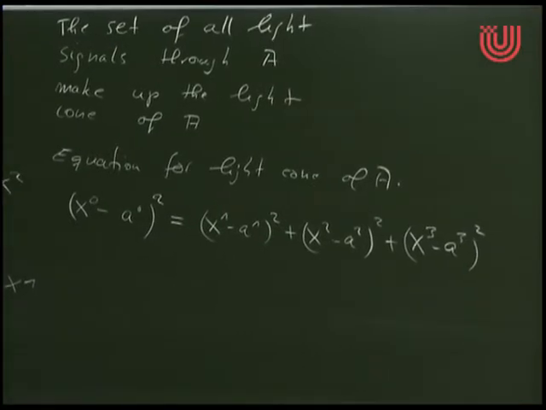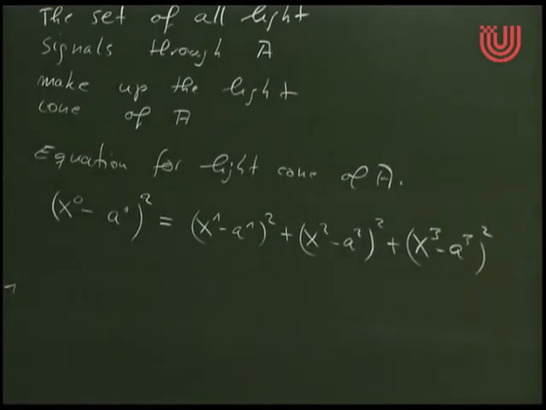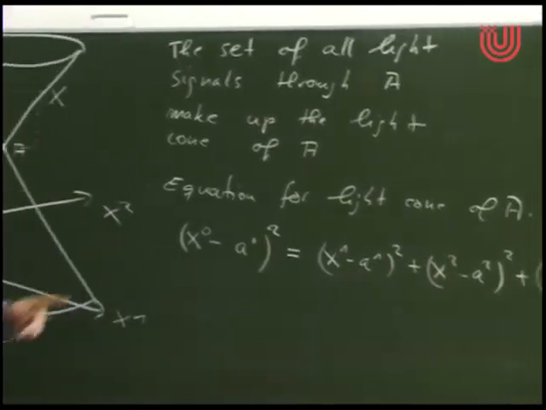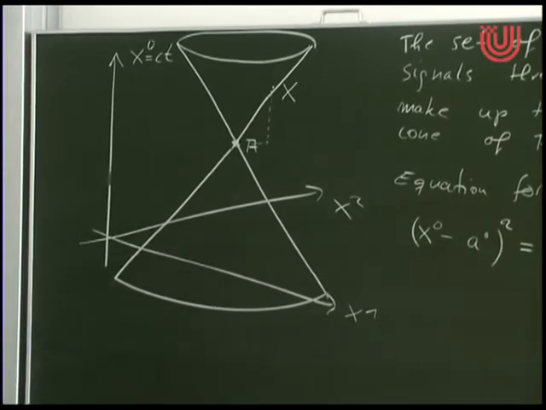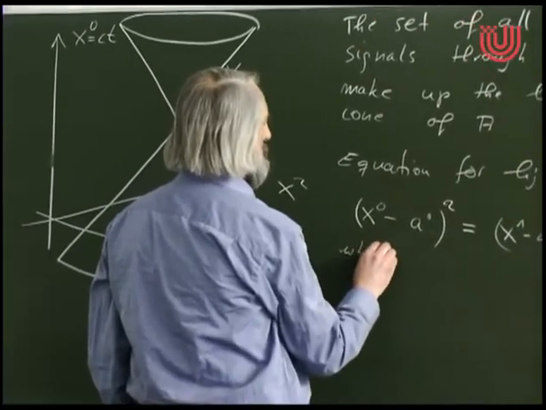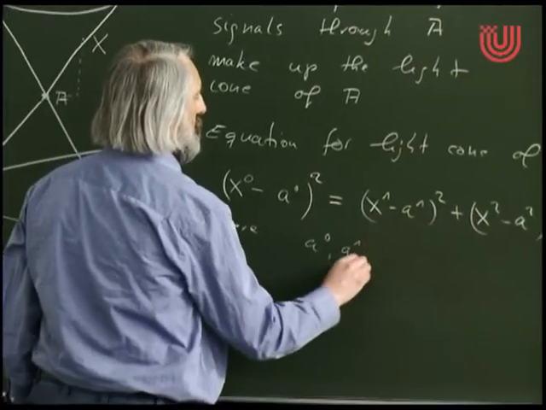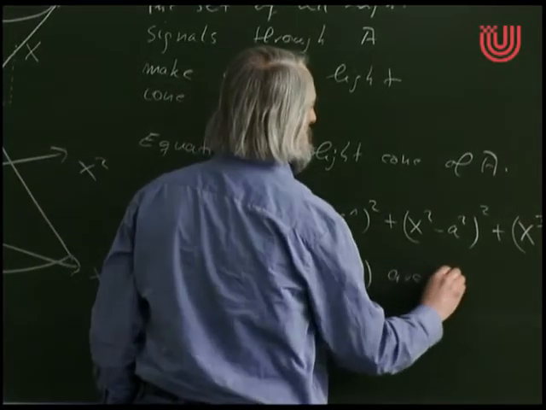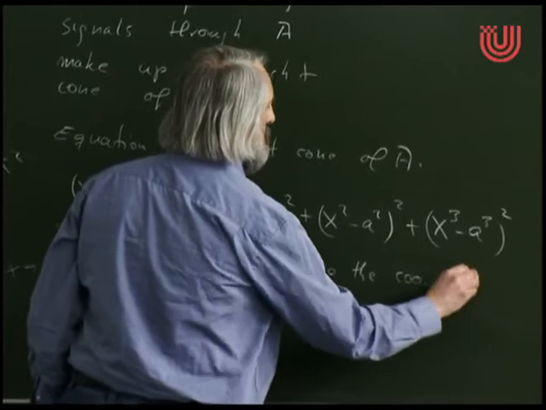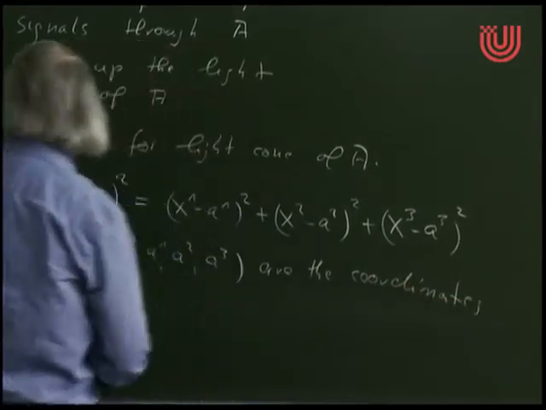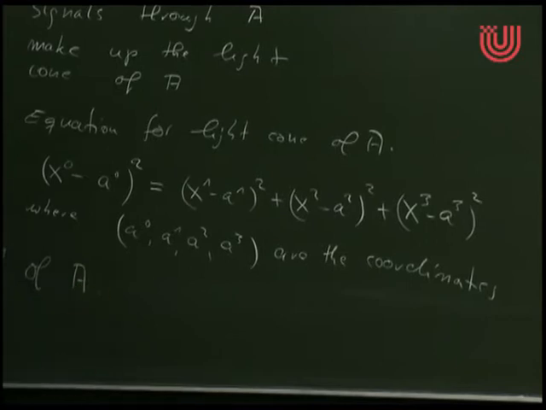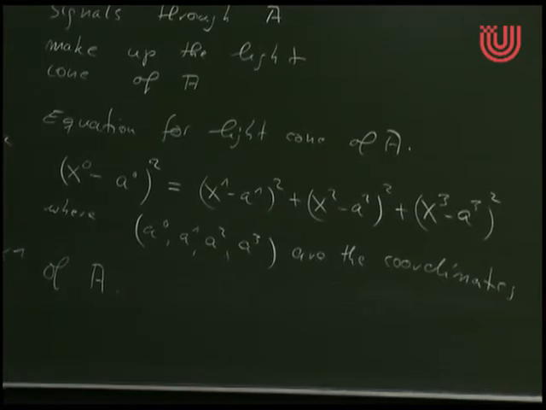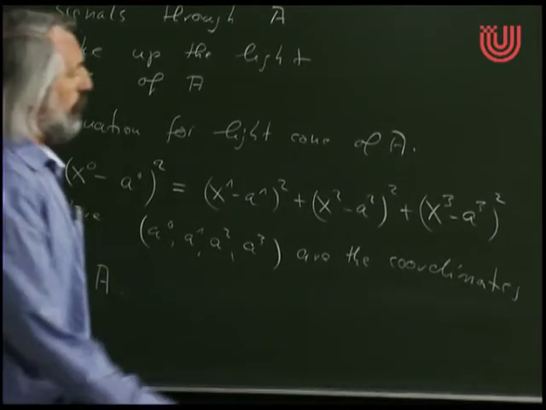The set of all events X with coordinates x0, x1, x2, x3 that satisfy this equation lie on the light cone, where obviously A0, A1, A2, A3 are the coordinates of A. And this equation is supposed to hold in any inertial system. So it's not particular to the inertial system we have chosen.